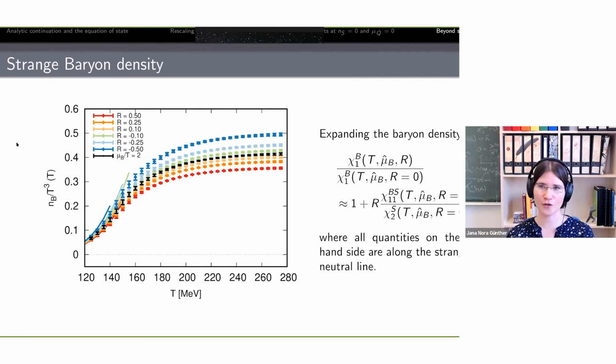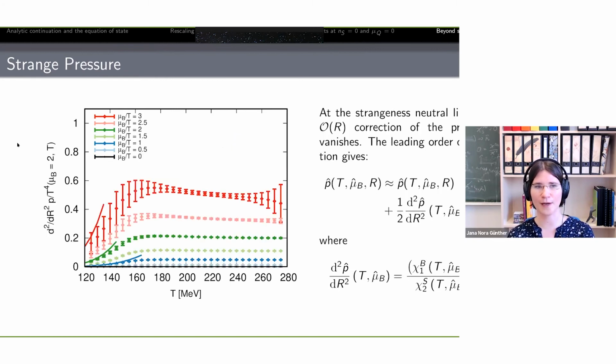If we want to look at the pressure, we actually do not plot the pressure directly, but we observe that if we do the expansion in R, the leading order term, actually the linear term, vanishes. So we start with the quadratic term in R, and this can easily be written out in terms of the baryon density and the second derivative with respect to strange chemical potential.